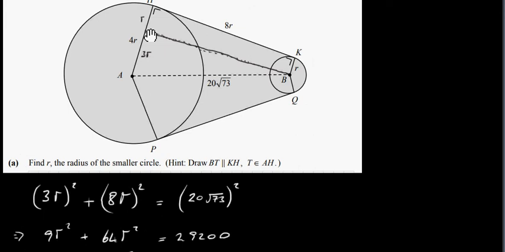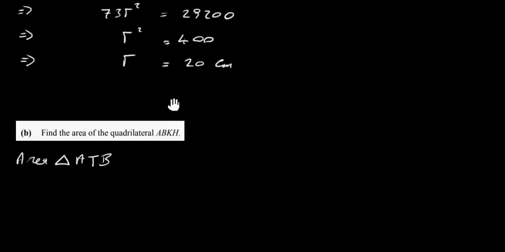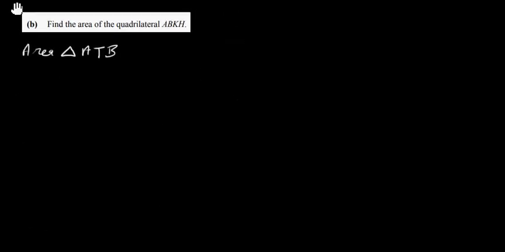Oh yeah, we're calling this point here T. So ATB is our triangle. We'll work the area of that triangle out first, and that's simply half the base times the height. The base is 3r and the height is 8r.